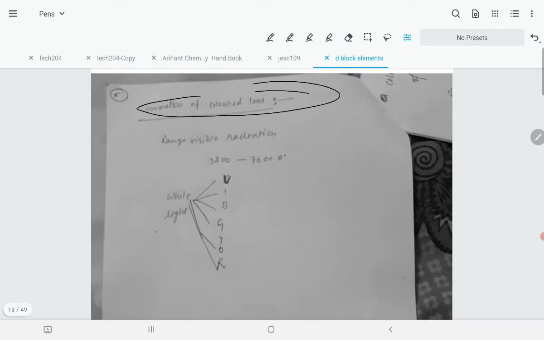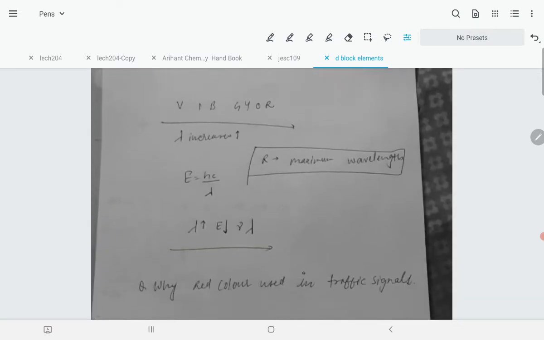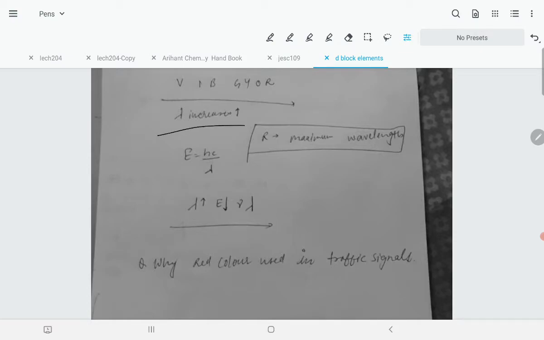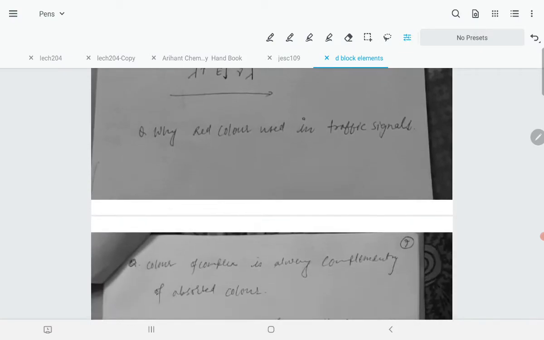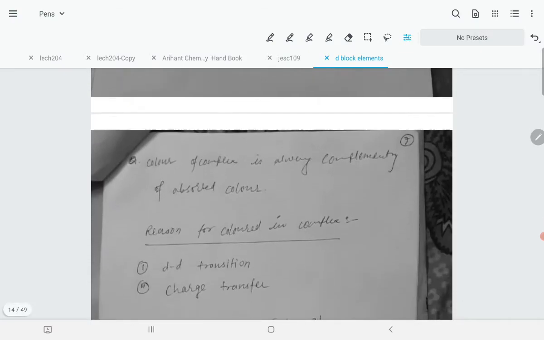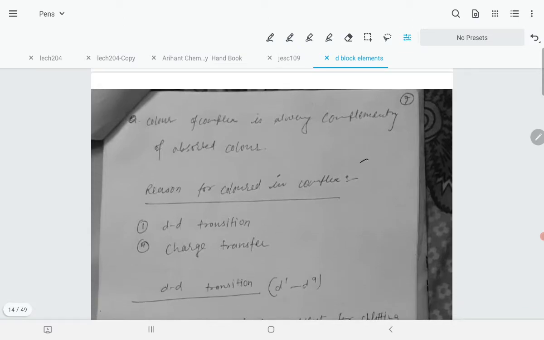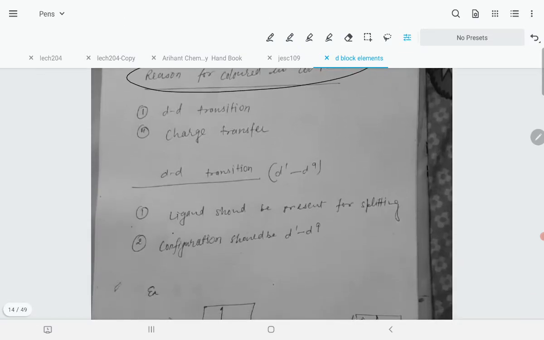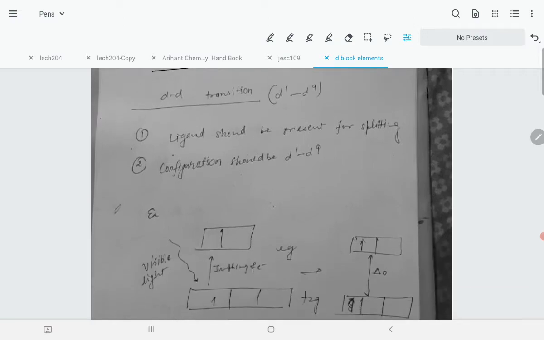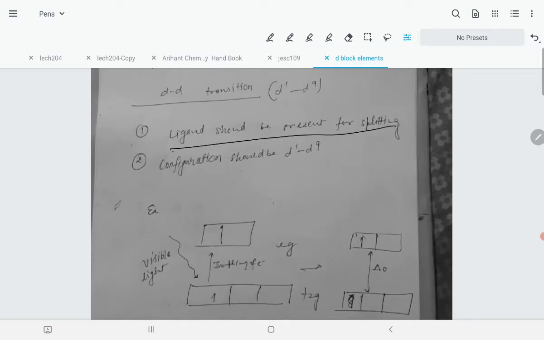Formation of color. The visible spectrum ranges from 3800 to 7600 angstrom, white light, VIBGYOR. Why is red color used in the traffic light? The reasons for color in complexes are d-d transition and charge transfer. Ligands should be present for splitting, and the configuration should be d-d.